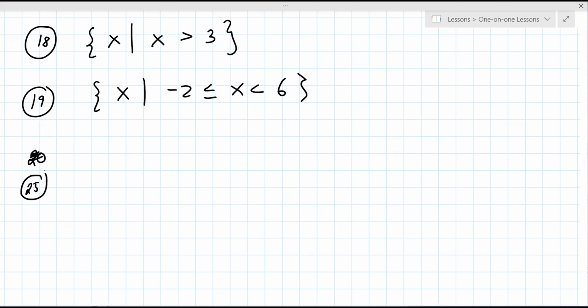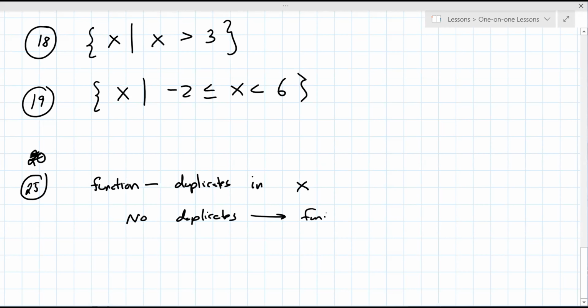To determine whether something is a function, you're looking for duplicates in x. There's a 5, a 3, a 4, and a 7. Those are your x values. Are there any duplicates? There are no duplicates. So if there are no duplicates, then it is a function.